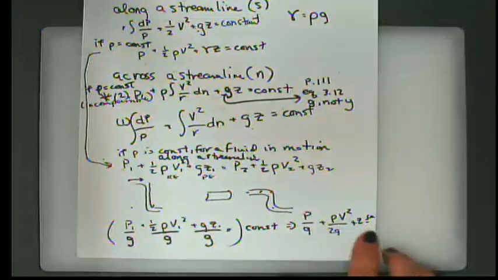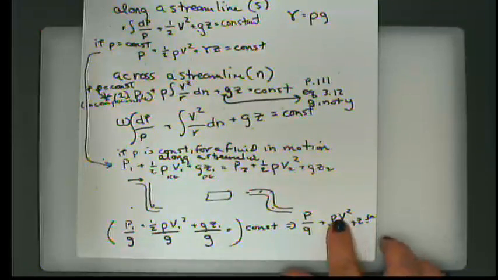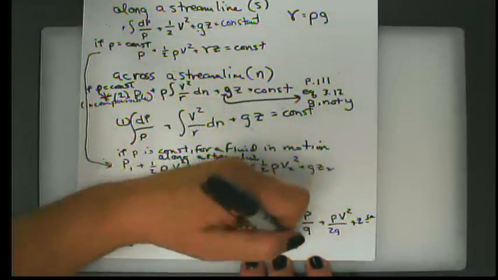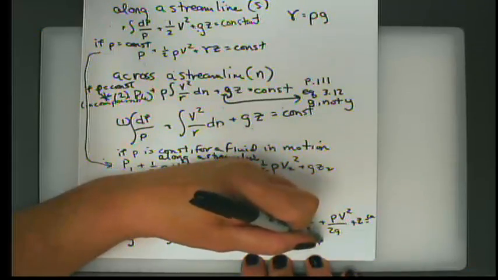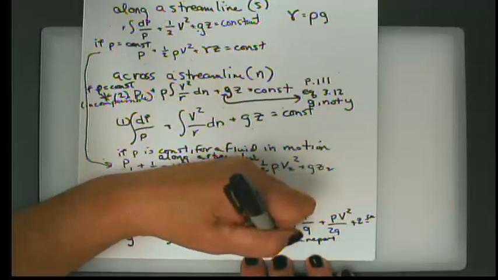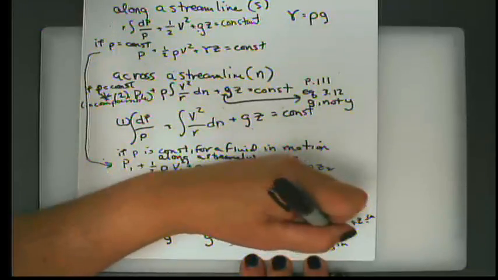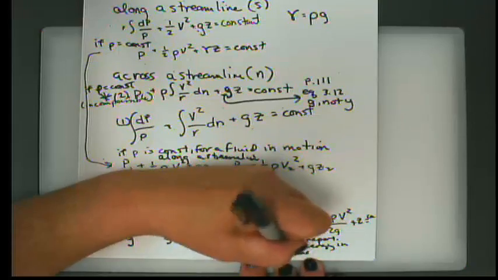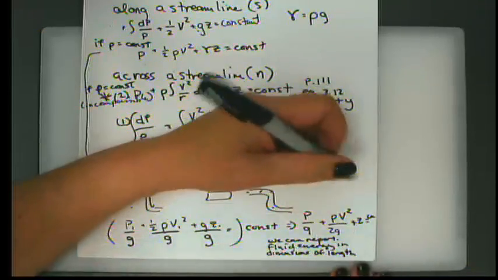Well, if you look at this, Z is in dimensions of length. And if you run the numbers, you'll find that these two terms are also in dimensions of length. So we can report fluid energy in dimensions of length, and specifically its height.